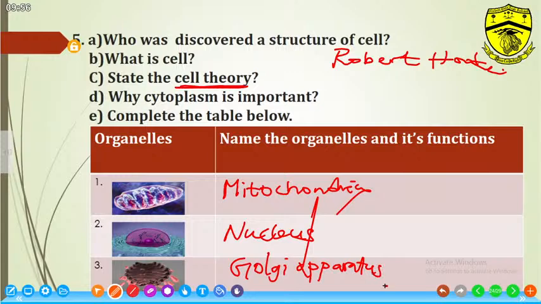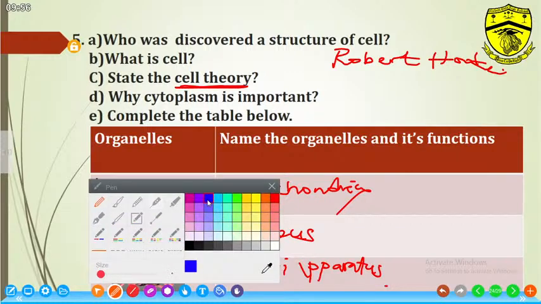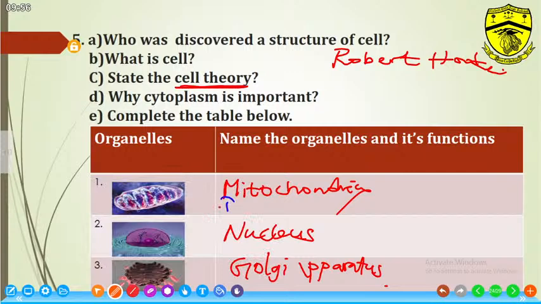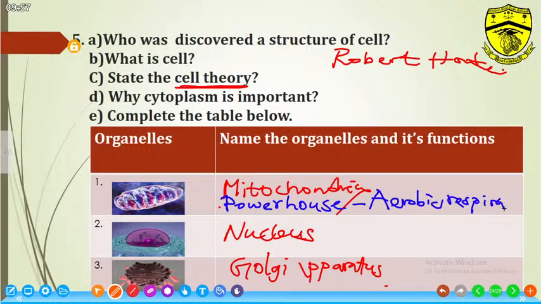So, the mitochondria, the powerhouse of the cell. You know that? We call that the powerhouse. It also helps with the aerobic respiration process.